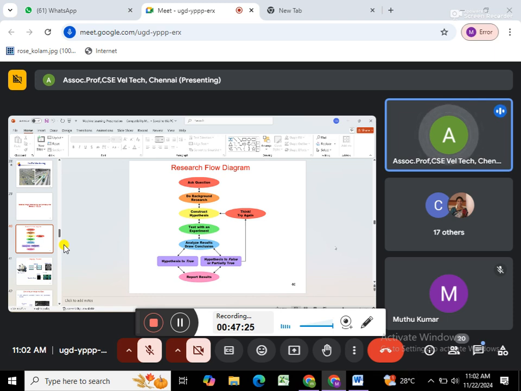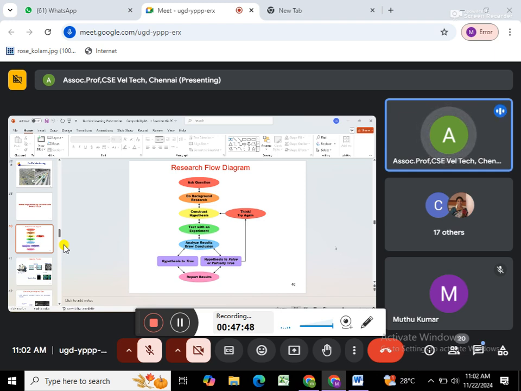Whatever research we are doing, after analyzing machine learning, we ask certain questions, do some background research, construct the hypothesis, test it with an experiment and analyze, drawing the conclusion whether this hypothesis is true or false, and report the result.